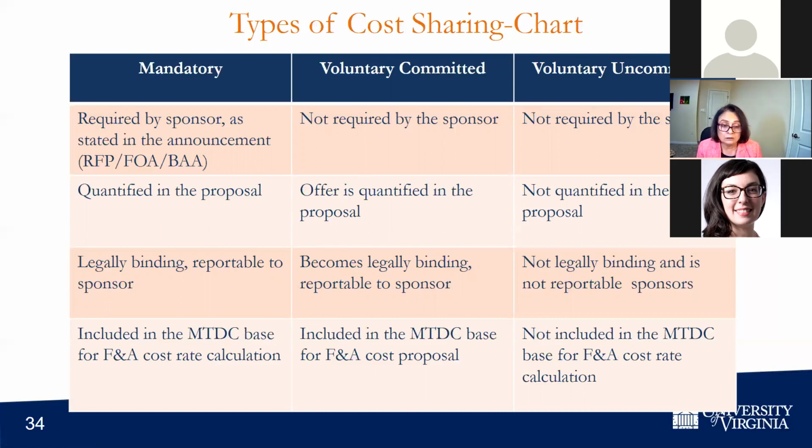We have to include cost shared expenses in our F&A rate calculation. Voluntary uncommitted cost sharing is not required by the sponsor. We do not quantify it in the proposal. It is not legally binding, we do not have to report to the sponsors, and it is not included in the F&A rate calculation.